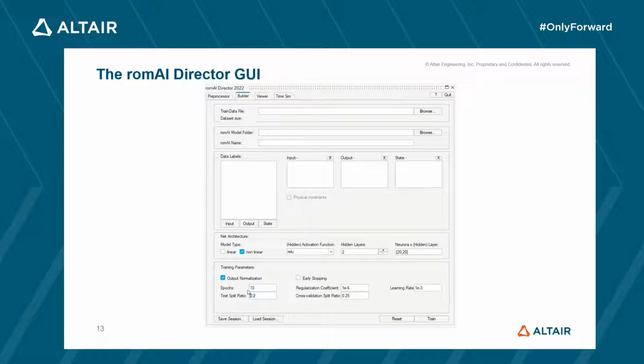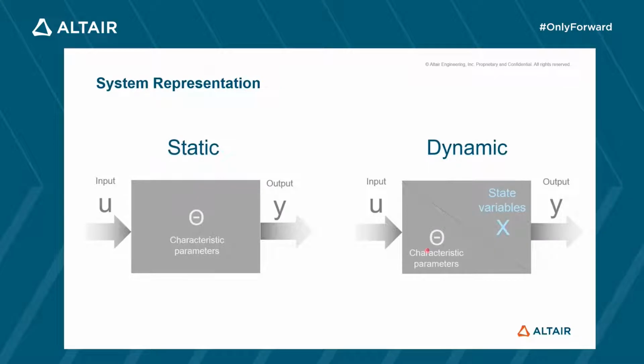Now the thing about ROM AI is we specifically use it to handle two sorts of systems that we encounter. So we have static systems and we have dynamical systems or dynamic systems. In a static system, you see that the output of your system is only dependent on the input and of course the characteristic parameters of the system.